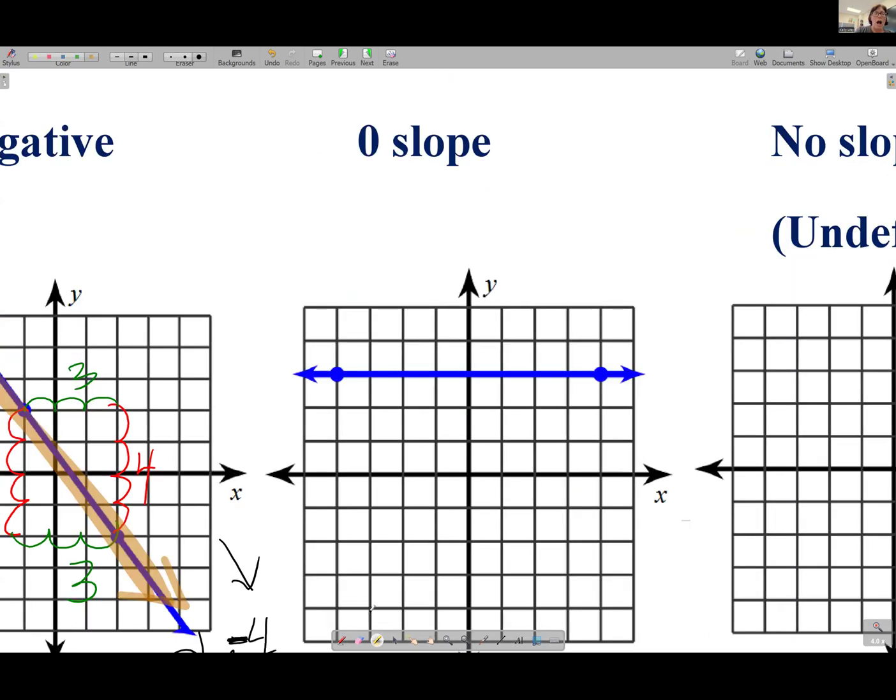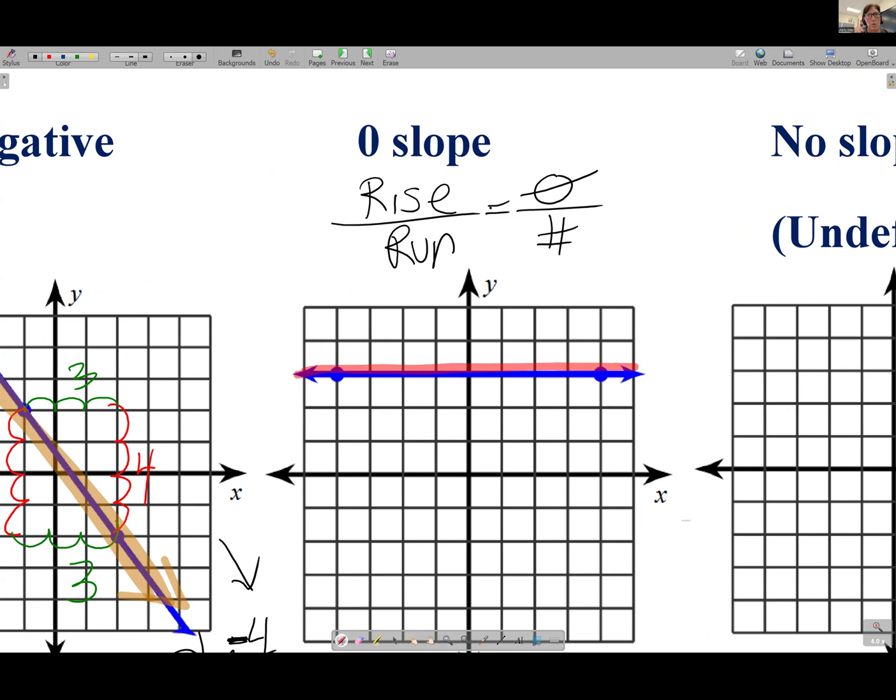And remember, it's rise over run. A completely horizontal line has 0 rise. It has 0 up or down motion, but it does have a number in the run.